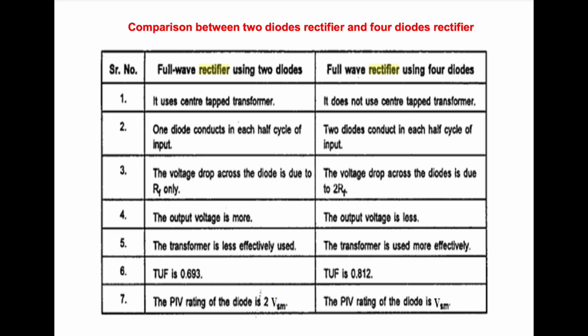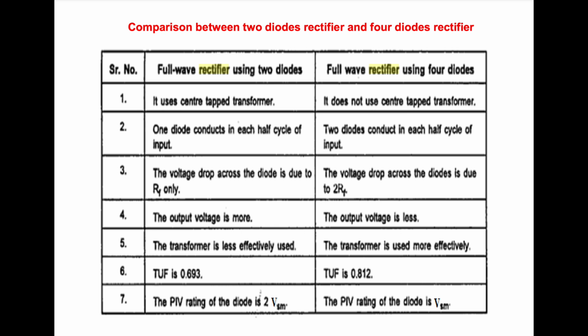So this indicates that the bridge rectifier configuration is more efficient in utilizing the transformer compared to the center tap full wave rectifier. The higher TUF of the bridge rectifier is because it uses both halves of the AC cycle, allowing more continuous utilization of the transformer's secondary voltage.